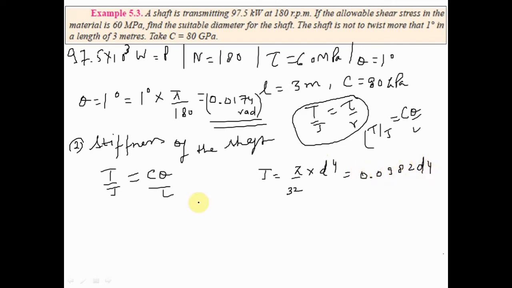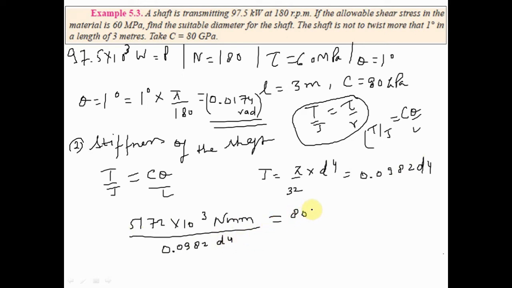So T you already know, it is 5172 times 10 to the power 3 Newton millimeters, whole upon J, that is 0.0982 d to the power 4, equal to C theta by L. So C is equal to 80 gigapascals. In order to convert it into Newton per millimeter square, you multiply by 10 to the power 3. I showed this derivation from gigapascals to Newton per millimeter square in the previous example. From there you can refer.